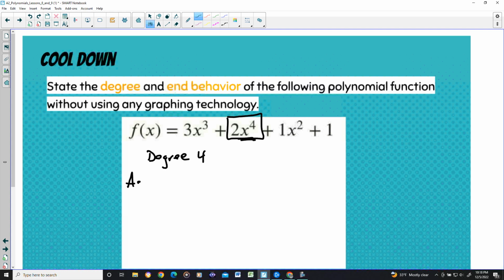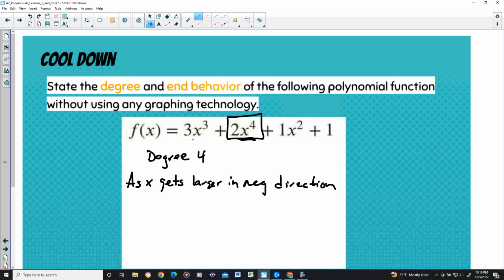So as x gets larger in the negative direction, in other words, what's going to happen if you have numbers like negative 1,000, negative 10,000, and you plug them in? What's going to happen? You're going to ultimately get a positive number.